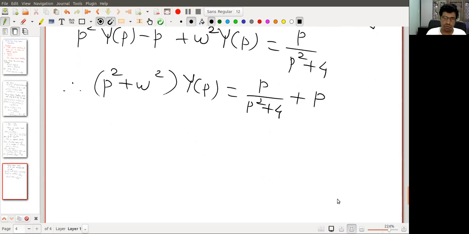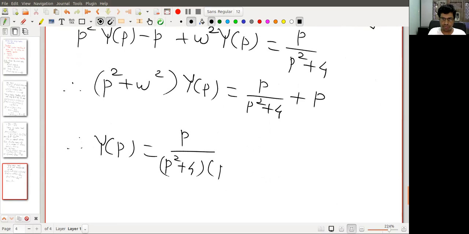Now we simplify this for Y of p and we can write Y of p equal to p divided by p square plus 4 into p square plus omega square, plus p divided by p square plus omega square.